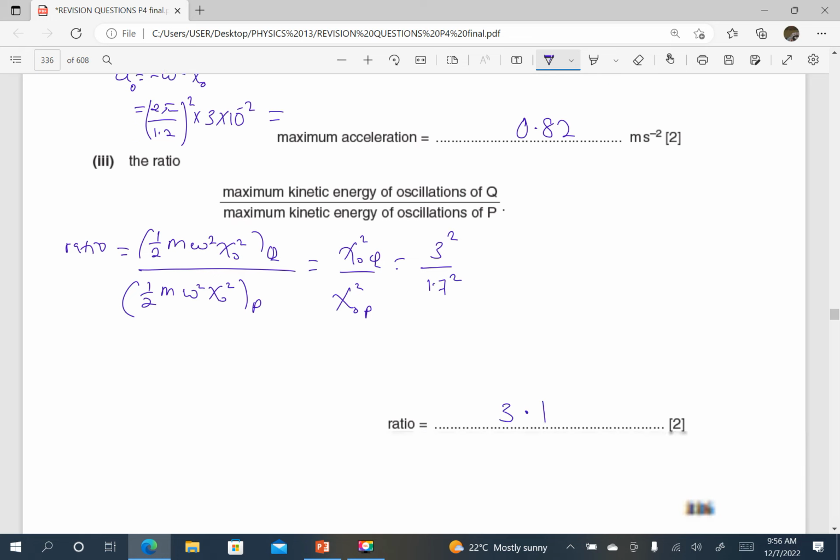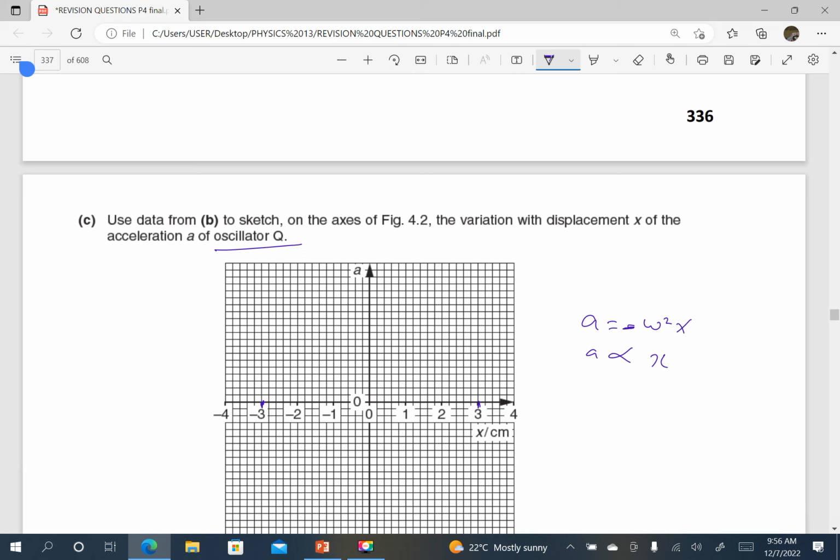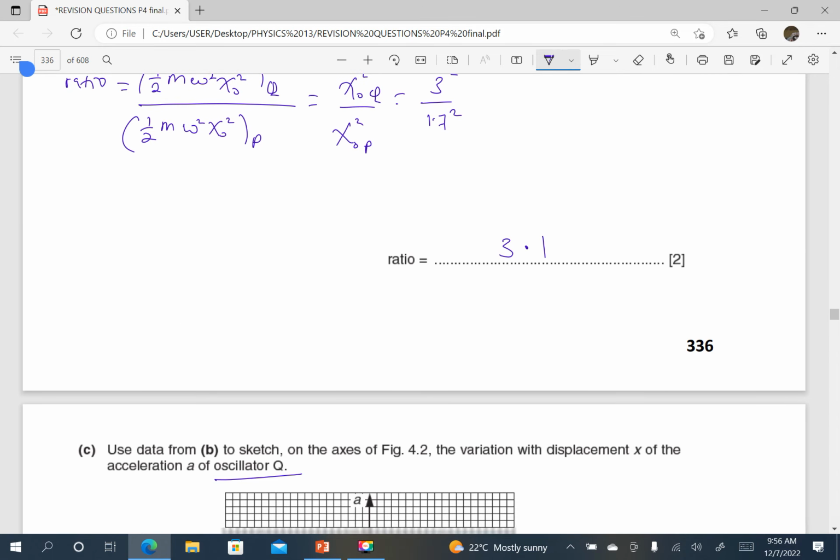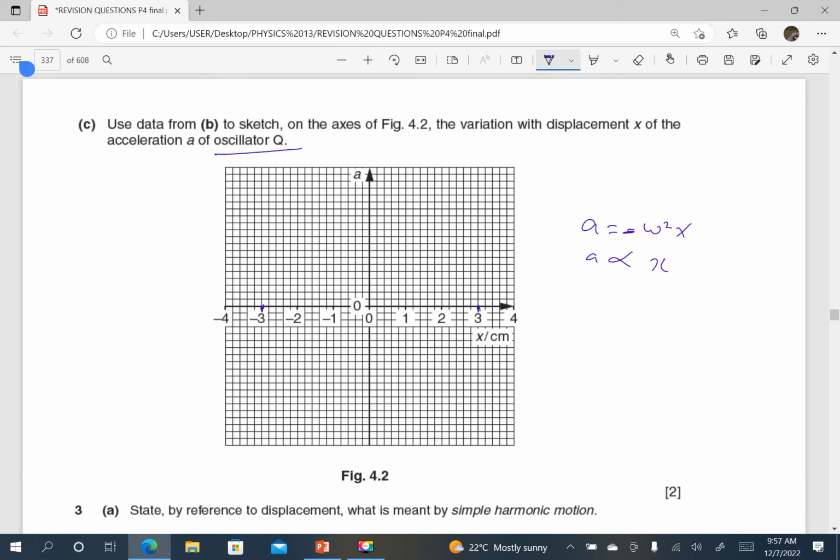So we need to look for a scale on the vertical. 0.85, I mean 0.82. Is it 82? Yes. So we need a scale on the vertical for 0.82. So let's say 1, 2, 3, 4, 5, 6, 7, 8, 9, 10. Okay, that is 10. Which scale should I use? There are 20 small boxes.